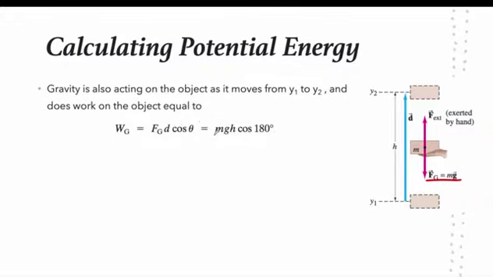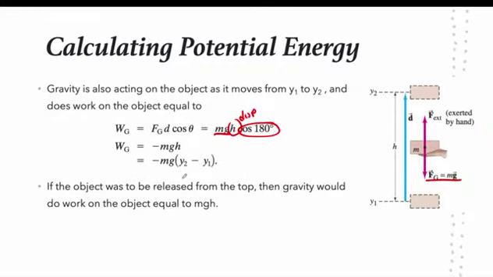The force of gravity is mg, this is the displacement, and the angle between the displacement, which is upwards, and the weight, which is downwards, is 180 degrees. So the work done by gravity is negative mgh. So we can say that the work done by the hand is equal to the negative of the work done by gravity.